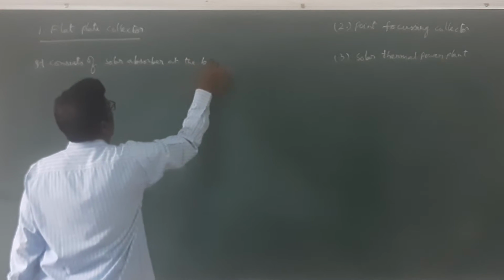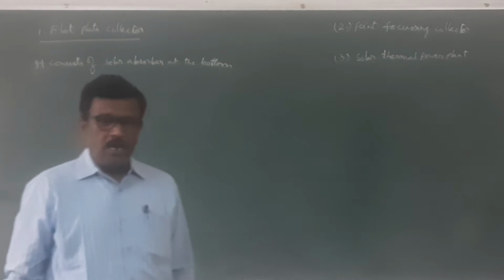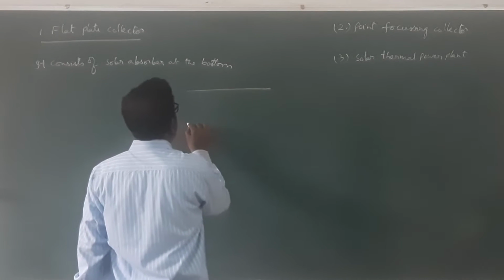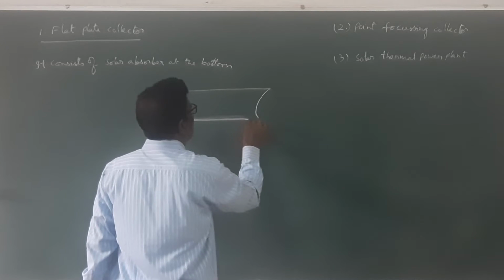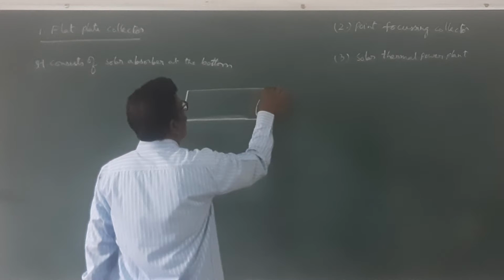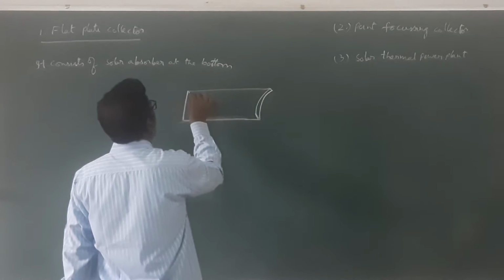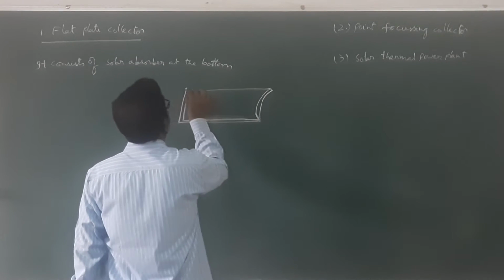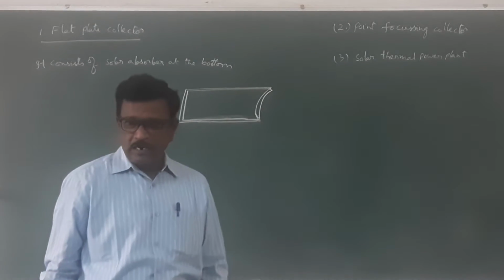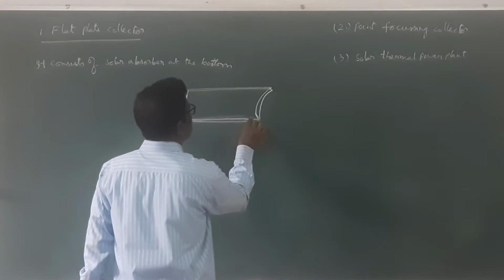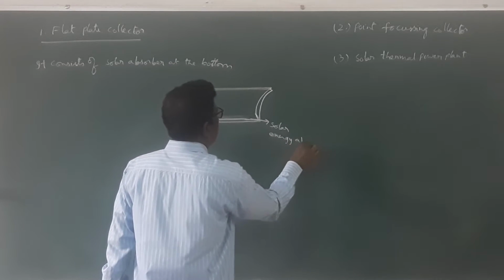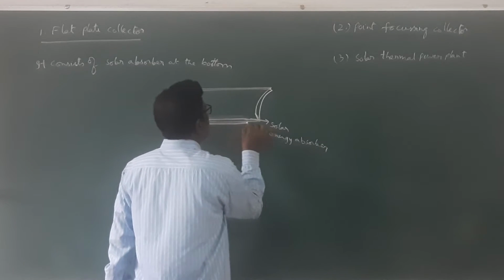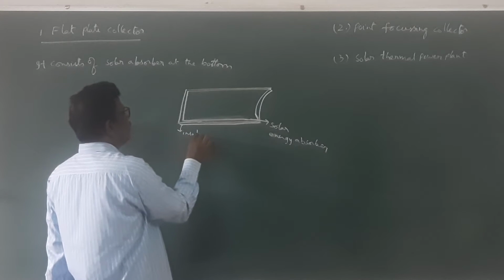At the bottom of this flat plate collector, there will be a solar energy absorber, which is placed over an insulated plate. This is called the insulated plate.